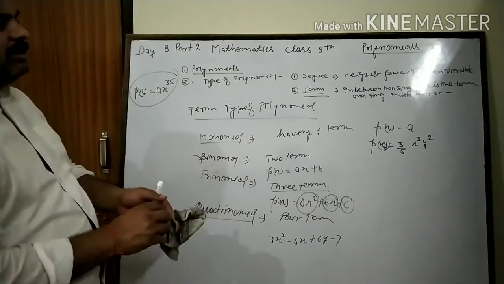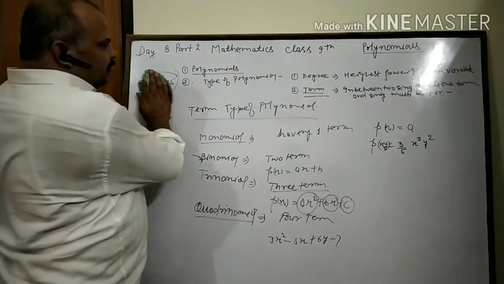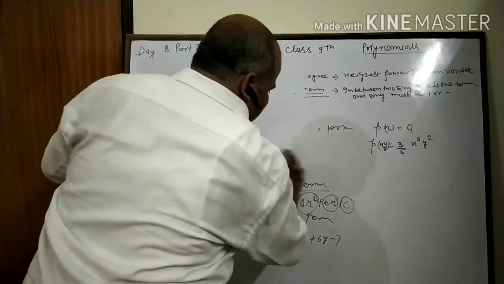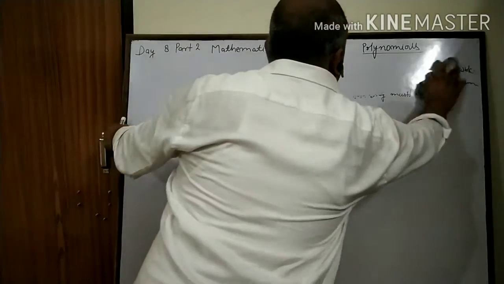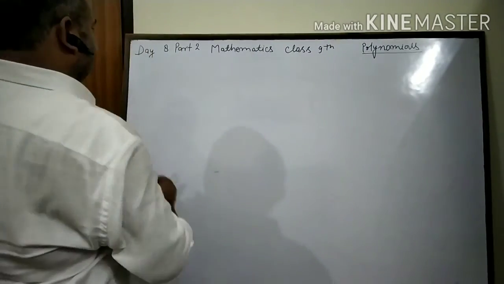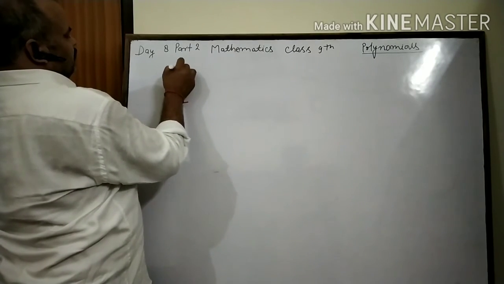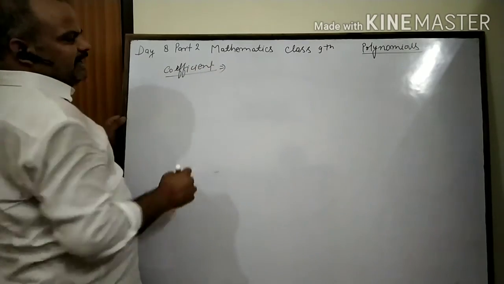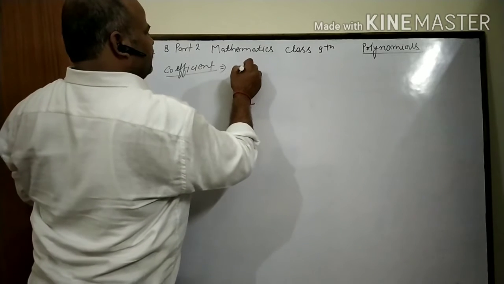Then after, we discuss coefficient. Coefficient is also an important topic because in this exercise 2.1 some questions ask about the coefficient. Coefficient is a numeric value which multiplies with the variable.